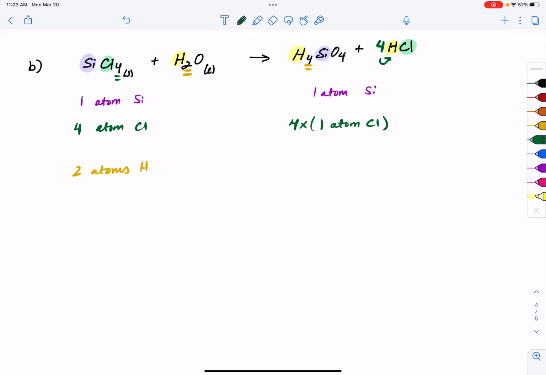So 4 plus 4 is 8 atoms of hydrogen, meaning I need to now double the source of my hydrogen atoms on my reactant side, meaning I need to double my amount of water molecules by placing a 2 out in front as a coefficient.